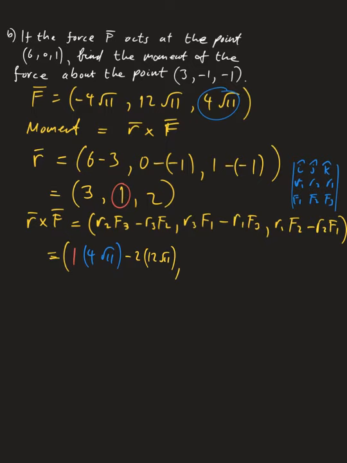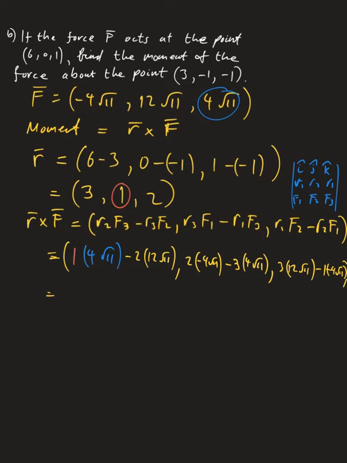Now I have r3 times f1, so that's 2 times minus 4 root 11, minus r1 times f3. r1 is 3 and f3 is 4 times square root of 11. Last we have r1 times f2, where r1 is 3 and f2 is 12 root 11, minus r2, which is 1, times f1, which is minus 4 times the square root of 11.